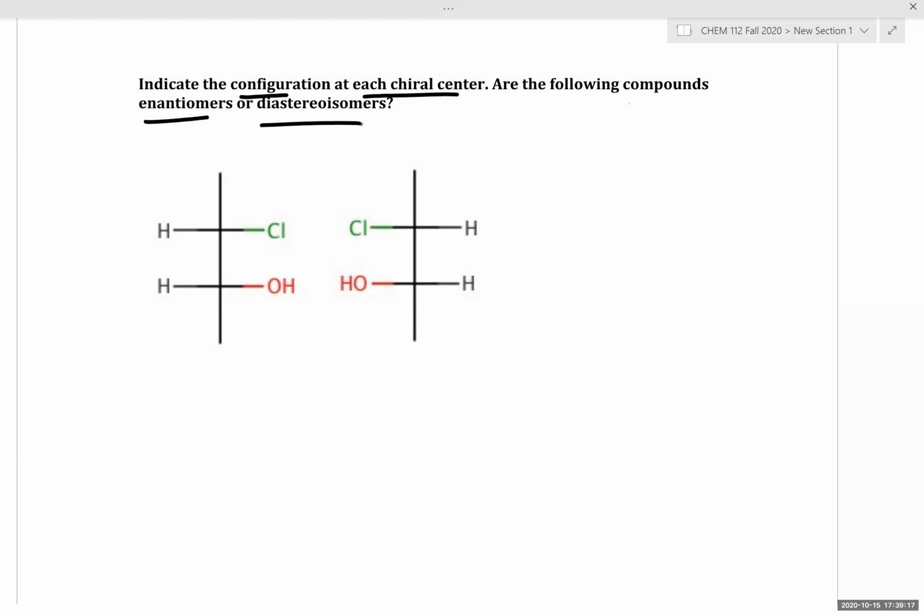One thing that would be important to consider is that if you assign the stereochemistry for one molecule, you can use our Fischer projection shortcut to assign the stereochemistry for our second molecule. I'm going to label these molecules A and B, and I'd like you to tell me the stereochemistry at each chiral center for A and B, and whether these molecules are enantiomers or diastereoisomers.